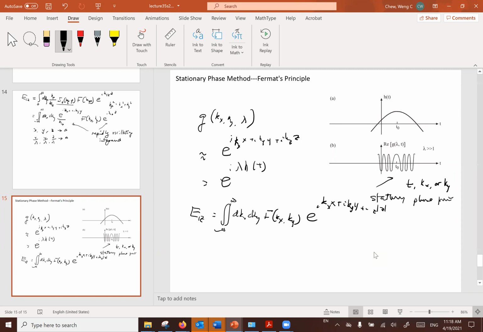Let me put in the k1z here. When x, y, z are large, this thing is rapidly varying. But I can look for the stationary phase point at which this would be least rapidly varying. And you can actually work out the stationary phase point. It's given in the lecture notes. Let me just write down the answer for you.